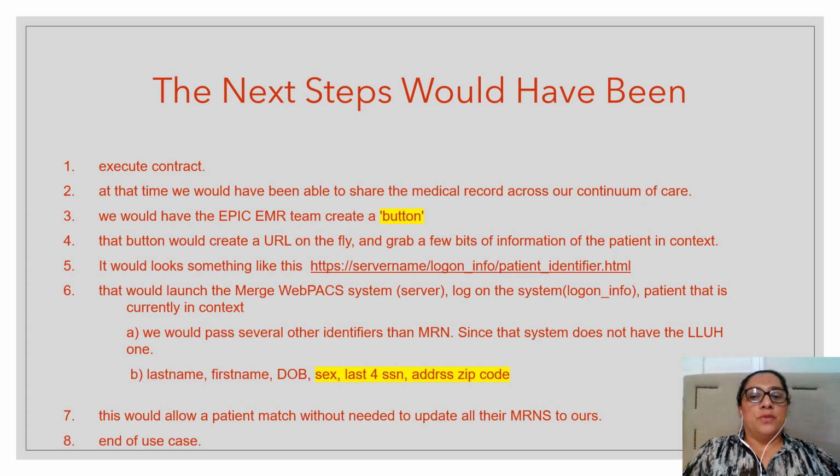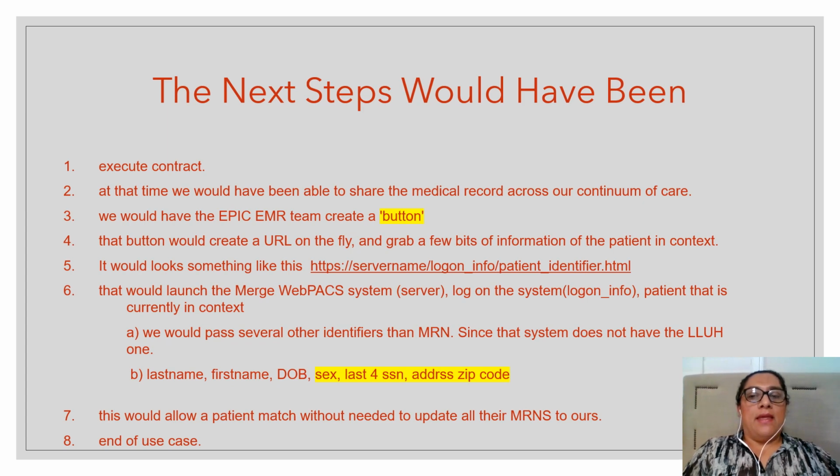It would launch a merge PACS system, log on to the system and have the patient information in context. The HIM team would have established what identifiers to use and that need to be matched exactly to retrieve the data and the images, which are last name, first name, date of birth, sex, last four of the social, and the patient's zip code.